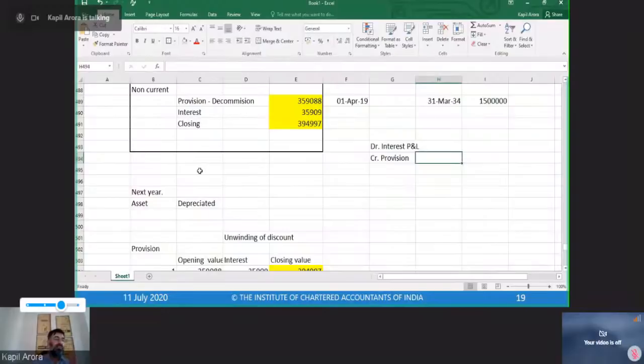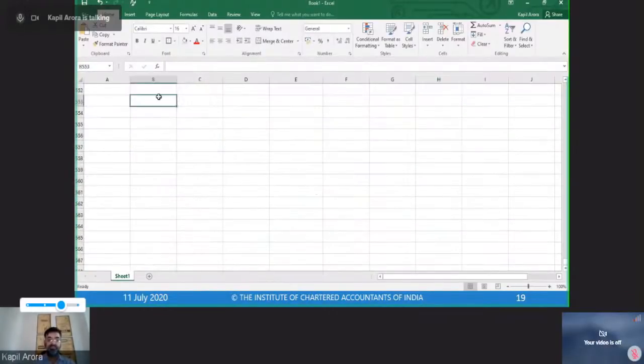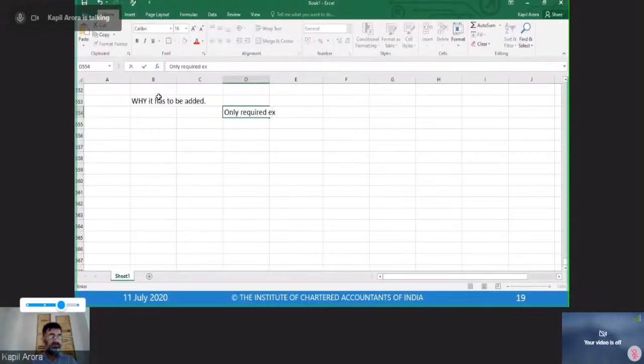Now again, though you have understood the amount has to be added, why does it have to be added? If you remember the concept why it has to be added, you will never forget to add that value. Only required expenses would be added, right?